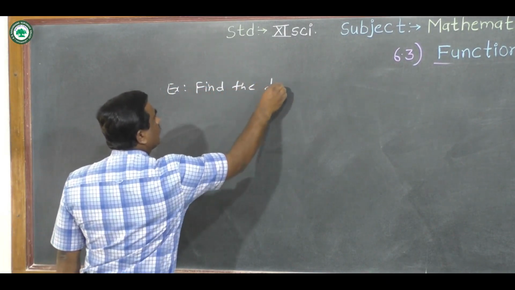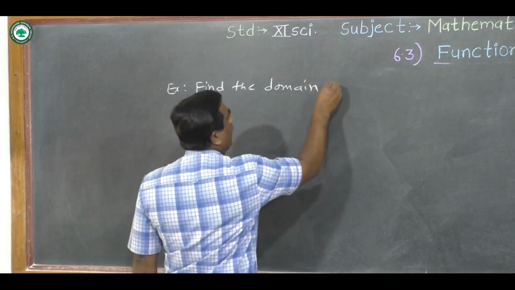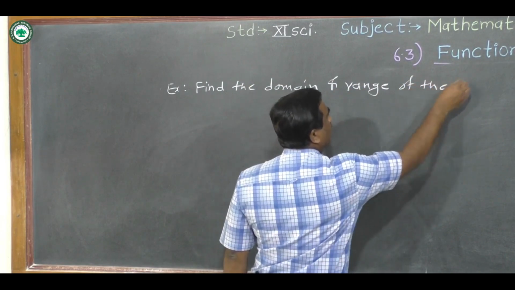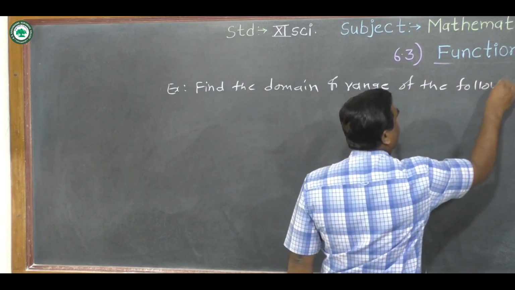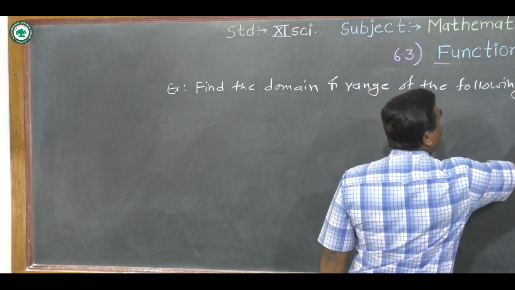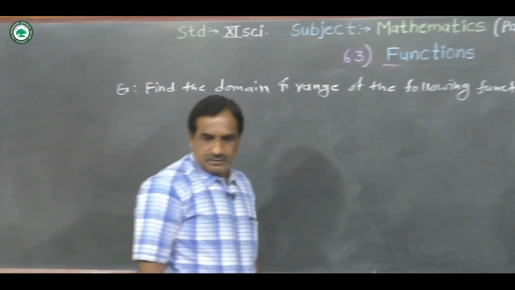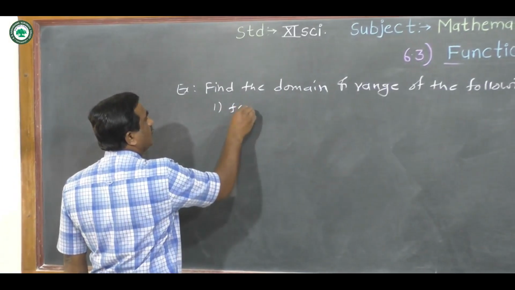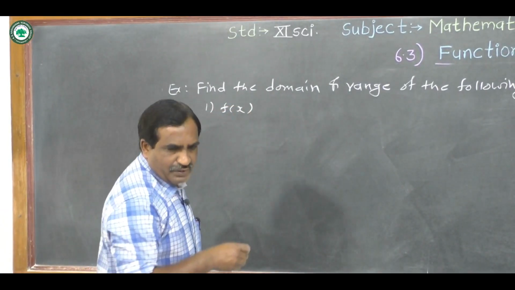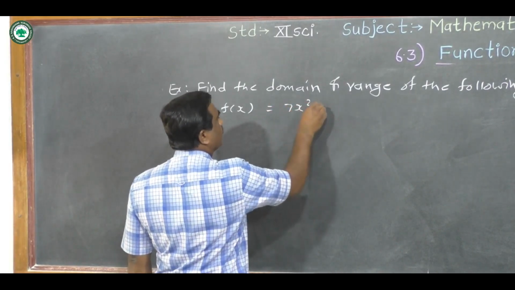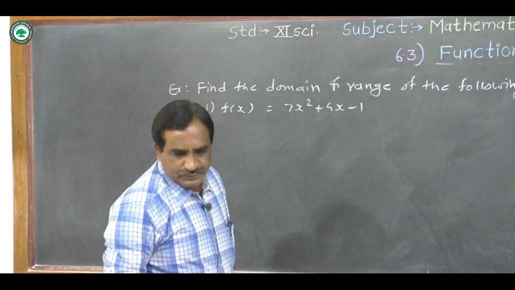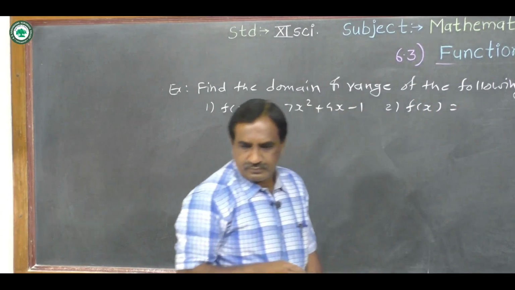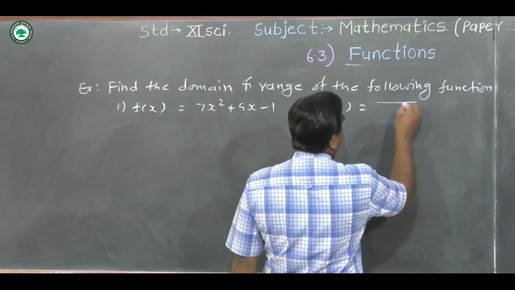The first function is f of x equal to 7x square plus 4x minus 1, and the second function is f of x is equal to under root 16 minus x square.